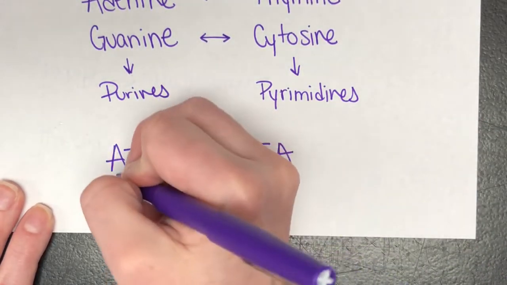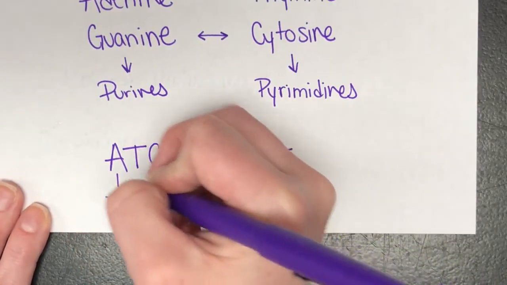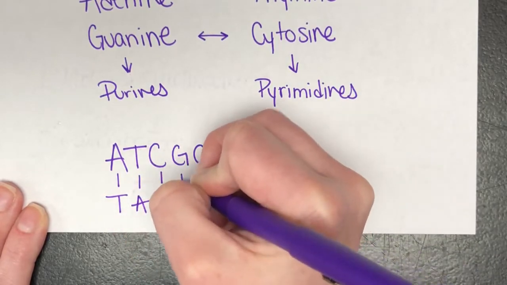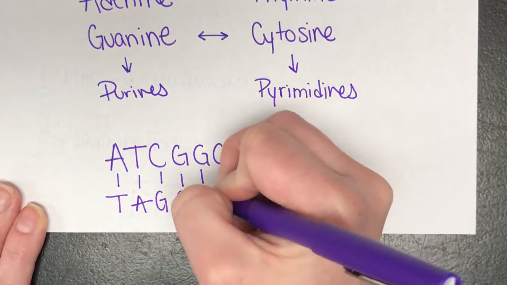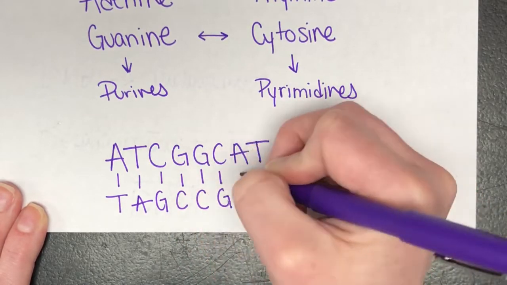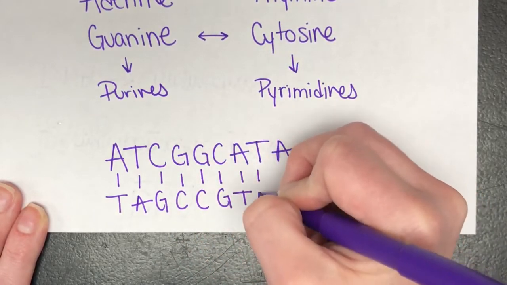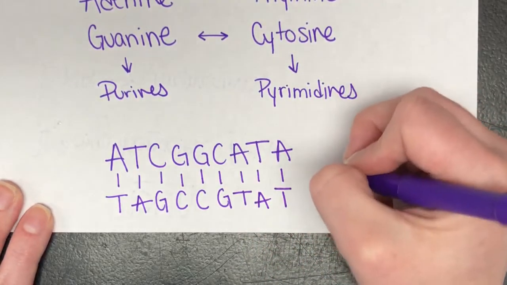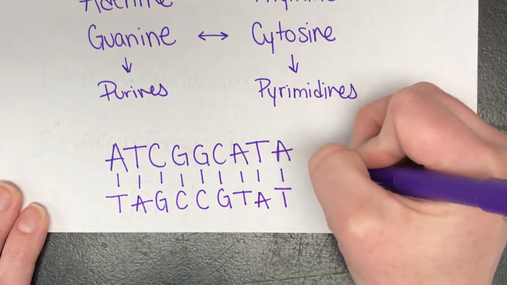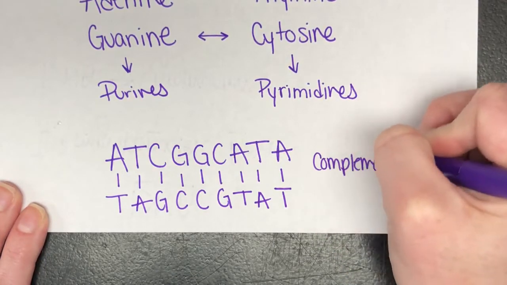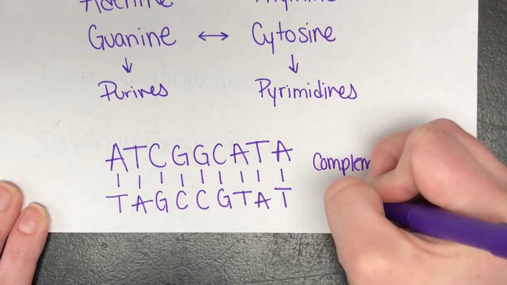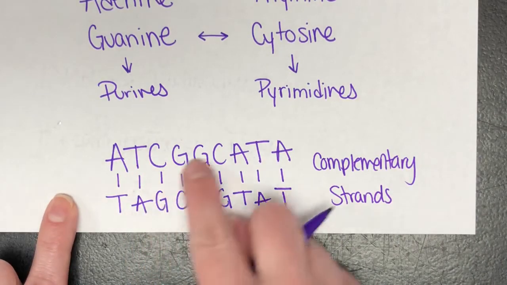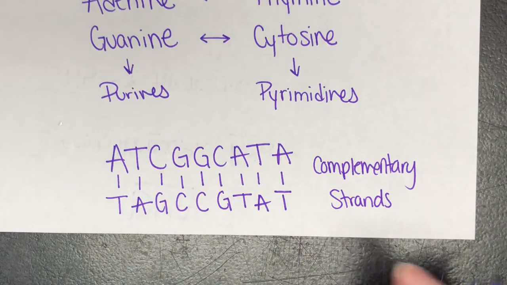So, A will bond with T, T will bond with A, C will bond with G, G will bond with C, G again will bond with C, then G, T, A, T. So these two are what are called complementary strands. Okay, so you will need to be able to identify which bonds with which.